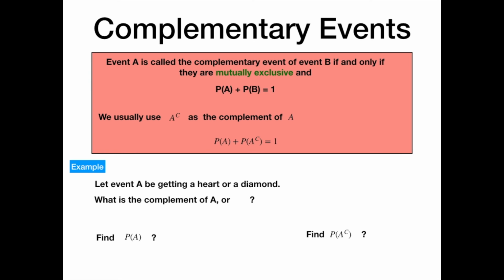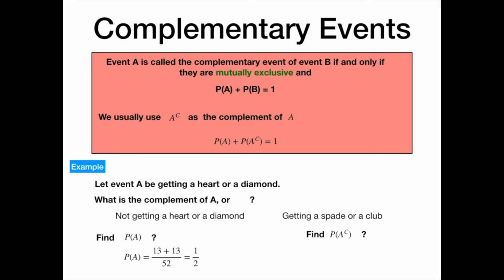Let's look at another example. Let event A be the event that you get a heart or a diamond. The question is, what is the complement of A? The complement of A should be not getting a heart or a diamond, or getting a spade or a club, right? So if you get a spade, it's a complement of getting a heart or a diamond.